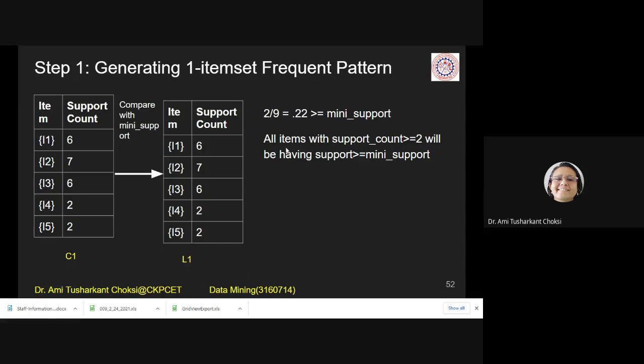So that's what we have checked: all items with support count greater than or equal to 2, right? So C1 is the same as L1, but this procedure we have to show.